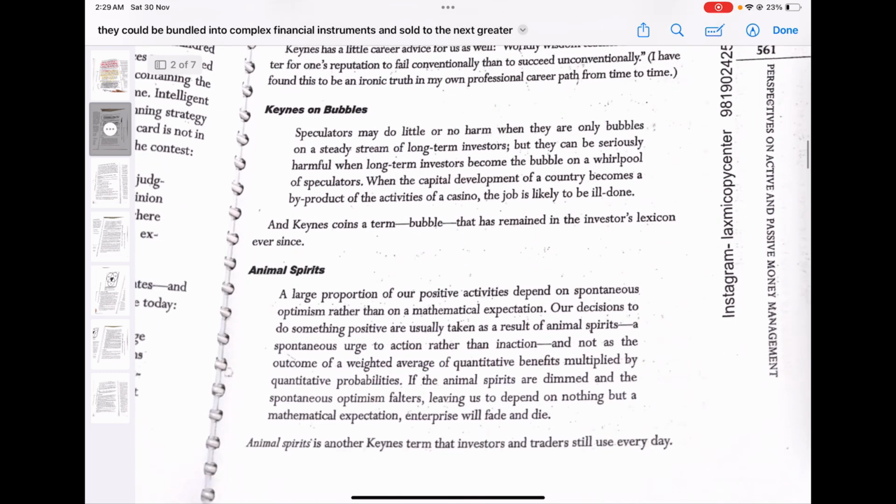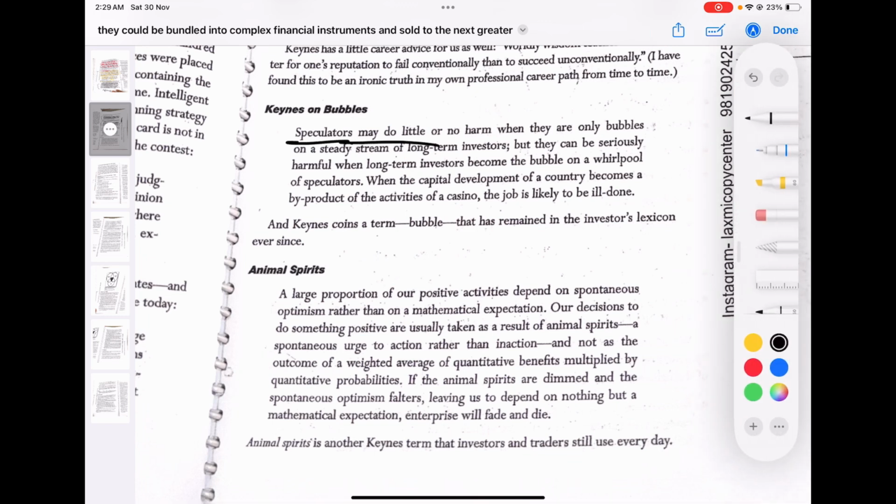Now, like I had mentioned earlier, Keynes really looked into the market bubbles, the real estate bubbles, and the 2008 crash and financial crisis and everything. Speculators may do little or no harm as bubbles on a steady stream of long-term investors, but they can be seriously harmful when long-term investors become the bubble on a whirlpool of speculators.